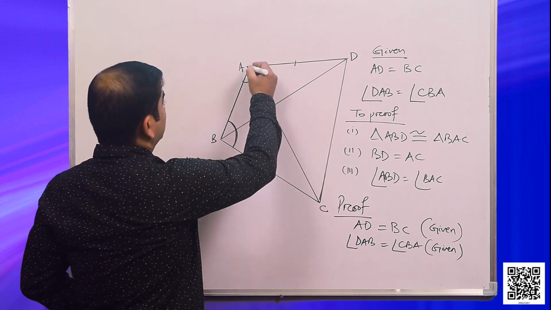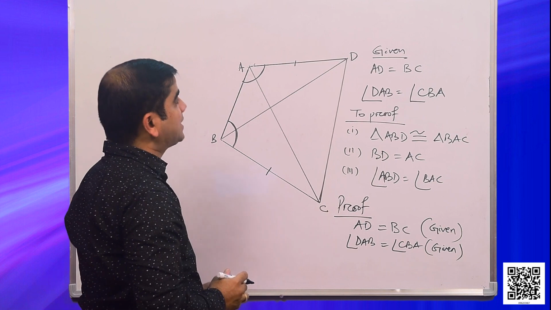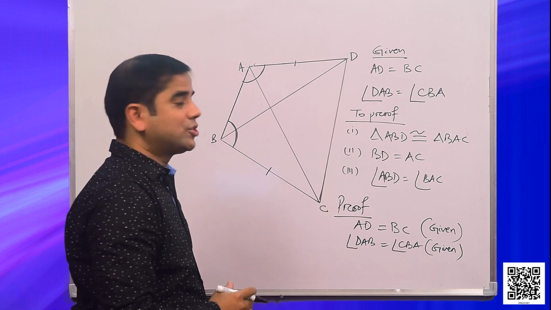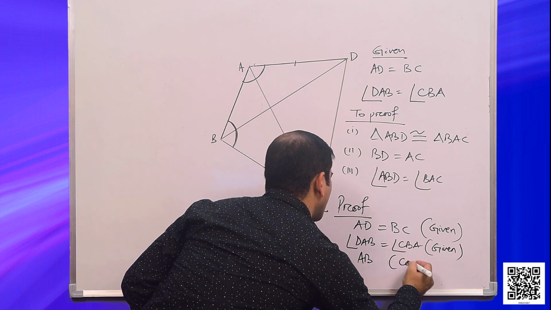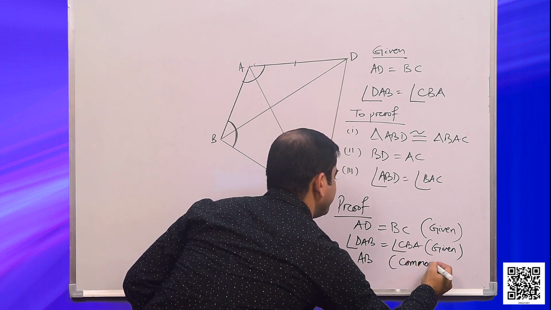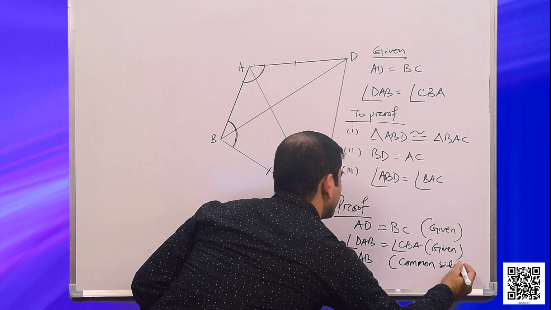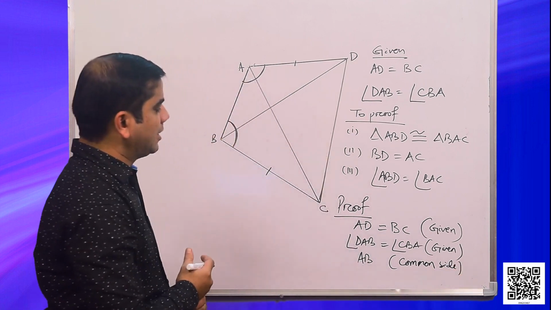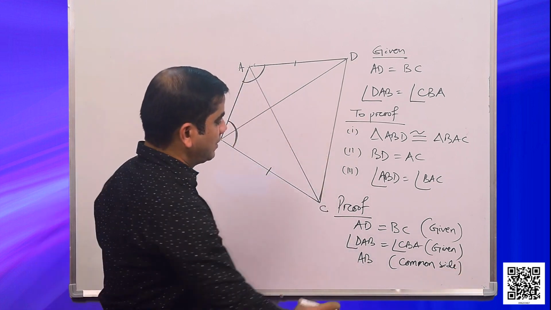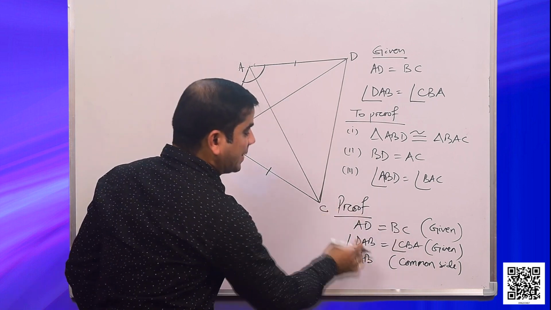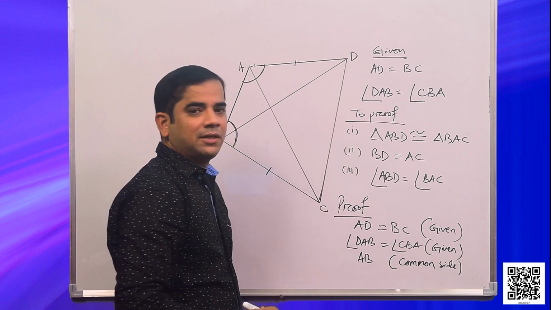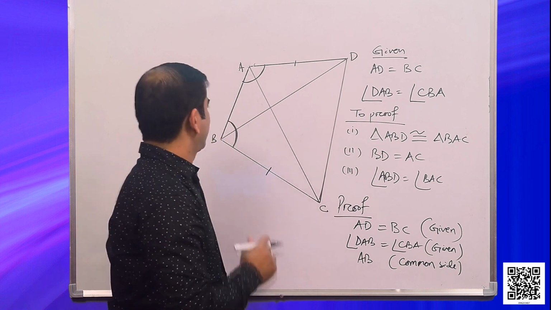Side AB is a common side for both the triangles. That means we have a pair of sides equal to each other, a common side, and a pair of angles that are equal to each other.